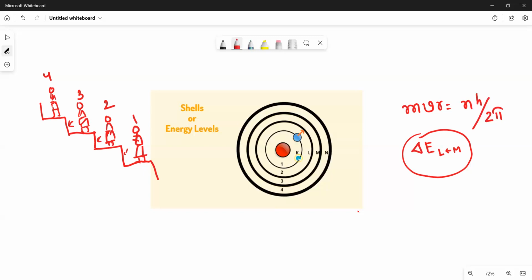The electron takes up the energy from the radiation and moves from a lower level to a higher level, and then it comes back, leaving the extra amount of energy, and that extra energy gives us the picture of what is the difference between this level, this level, and this level, right?